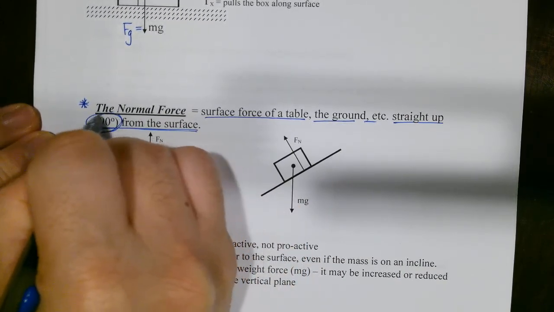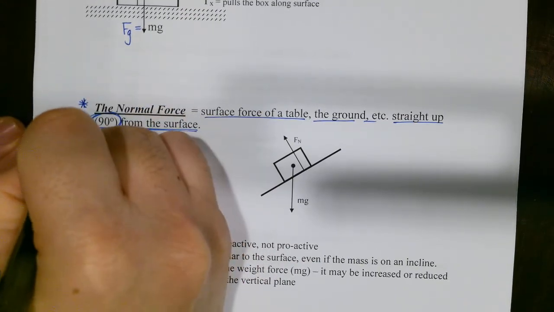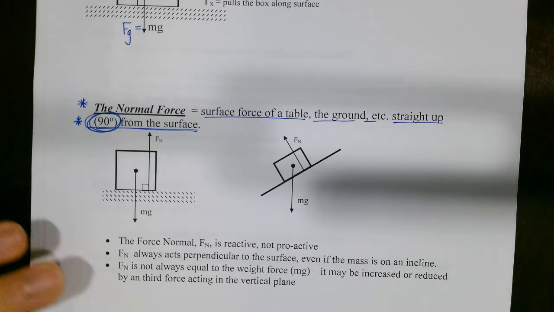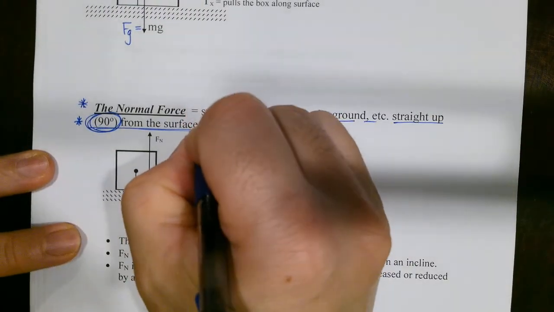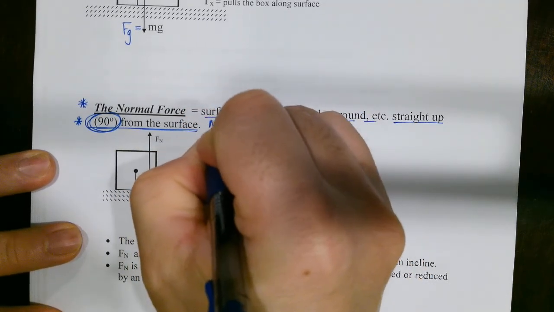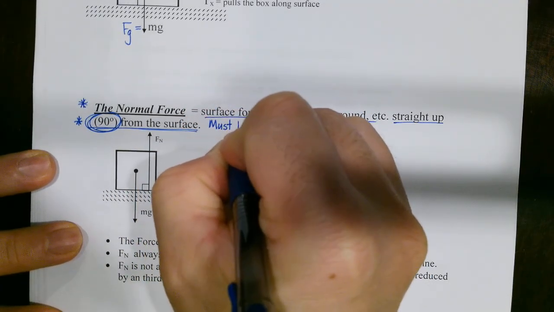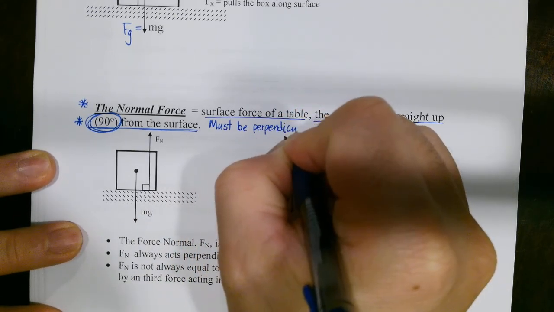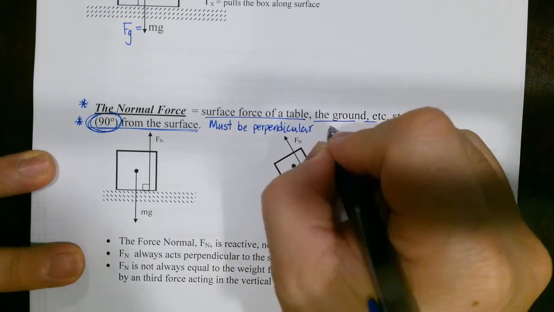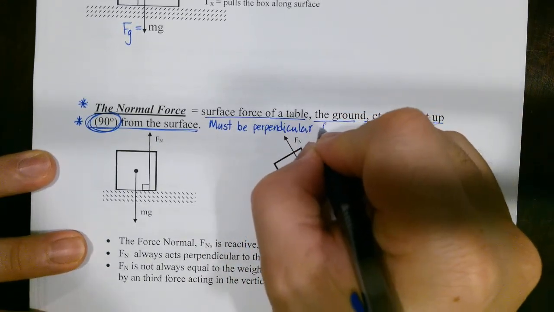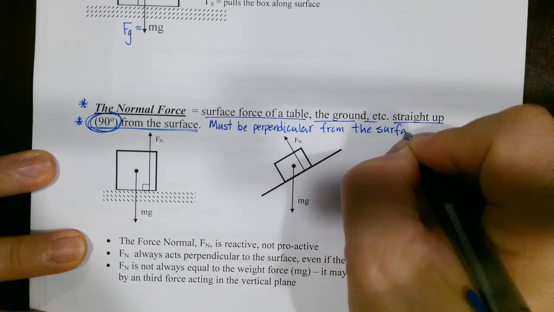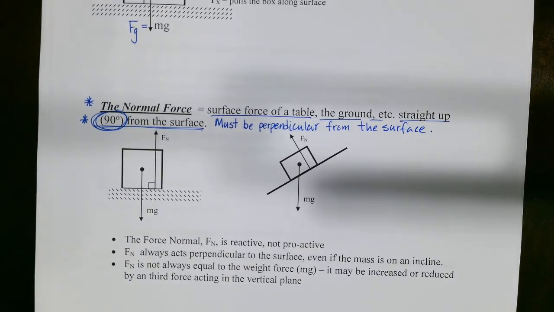And this is very, very, very important. This 90 degrees means it has to be perpendicular to the surface. So, must be perpendicular from the surface. Sometimes it's also known as the supporting force.